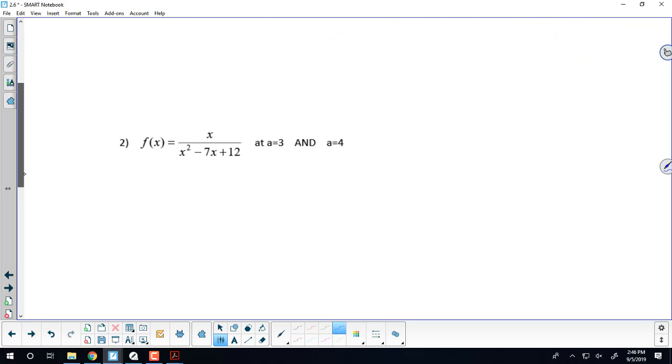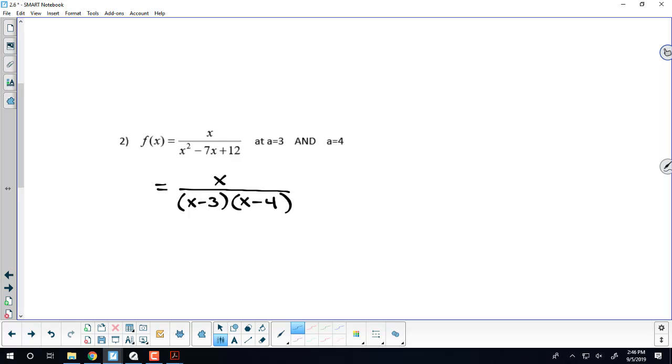So how about example 2? Is that function continuous at x equals 3 and 4? No, because we'd need 3 over 0. We could just plug them in to see what happens, or we could factor the denominator and see that we have a similar situation as in example 1.